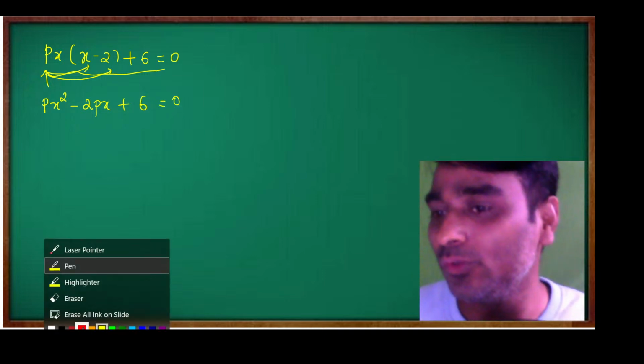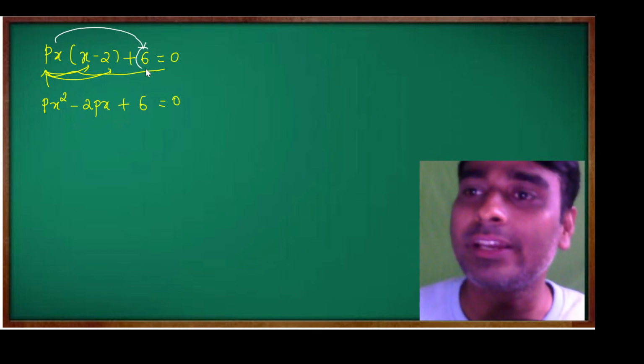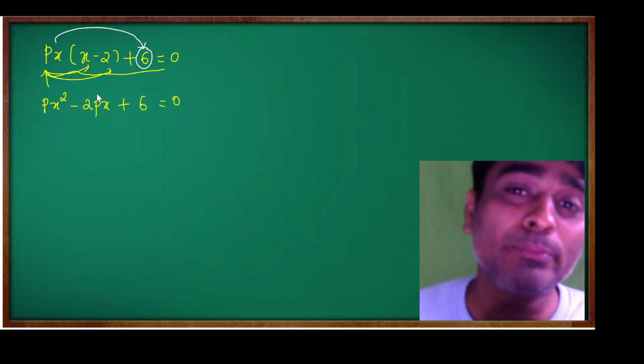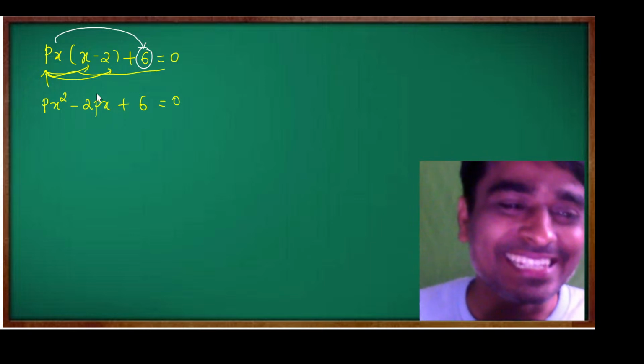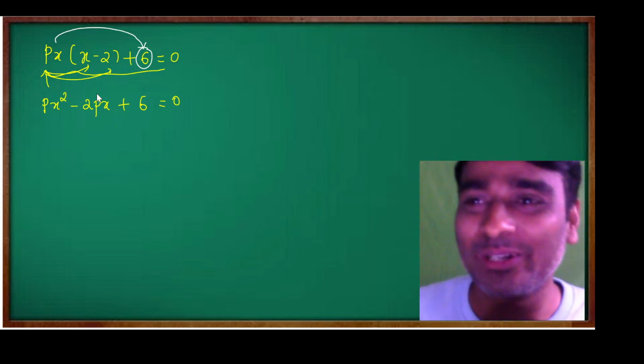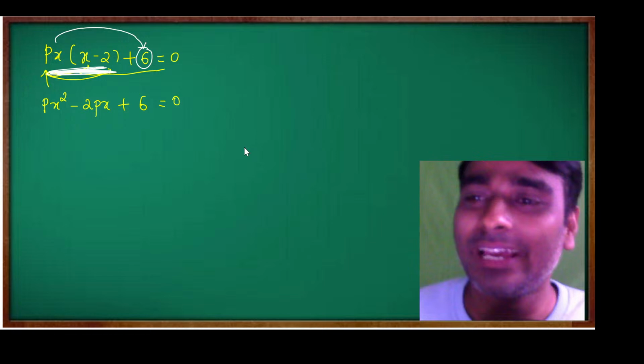Now some of you think that you should multiply this by 6 also. Because that plus 6 is separate, you should not multiply it. Only these two should get multiplied. Okay, so I am done.